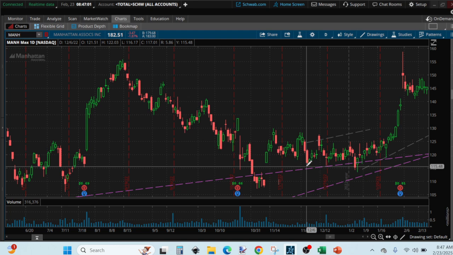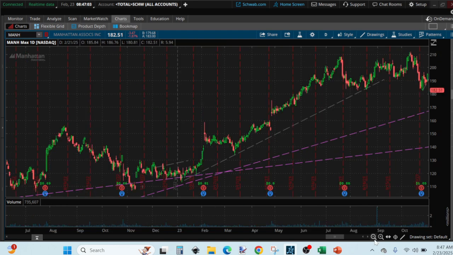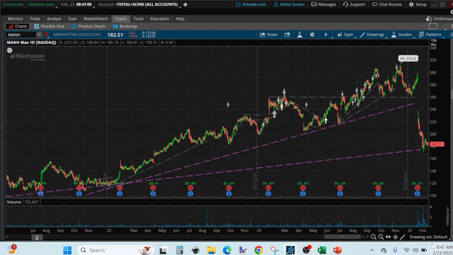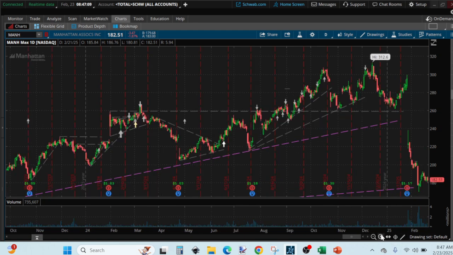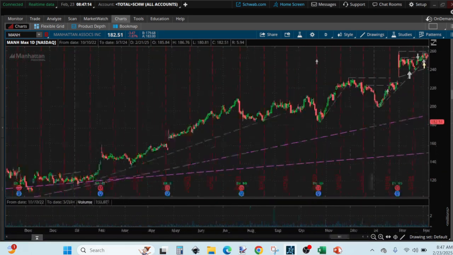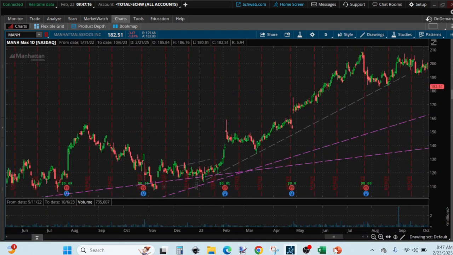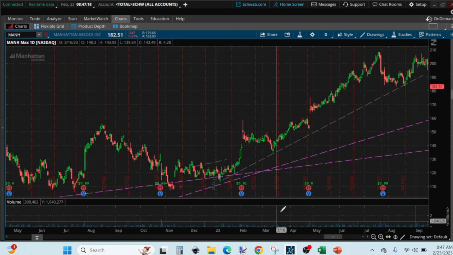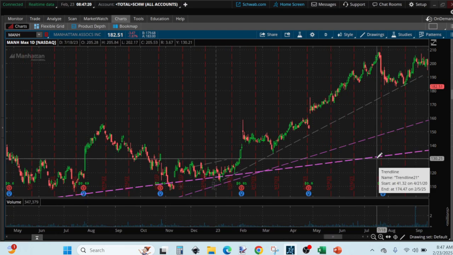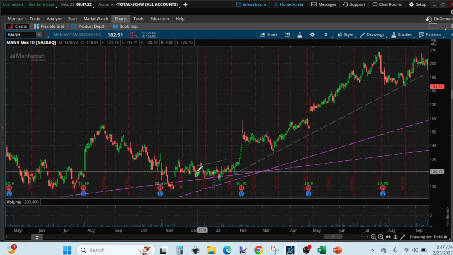Was it? I don't know. Let's see. Yeah. And let's move. But yeah, that is the lower line that is higher up around this area. The higher line went below.